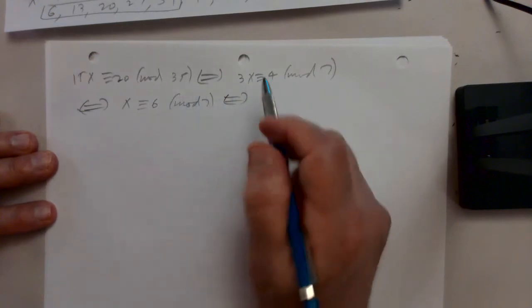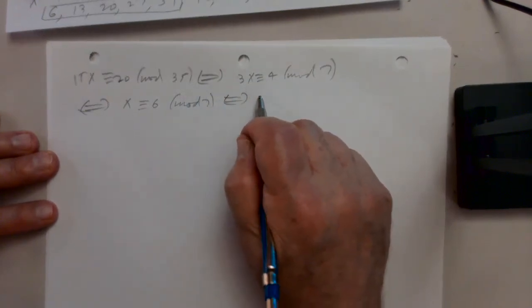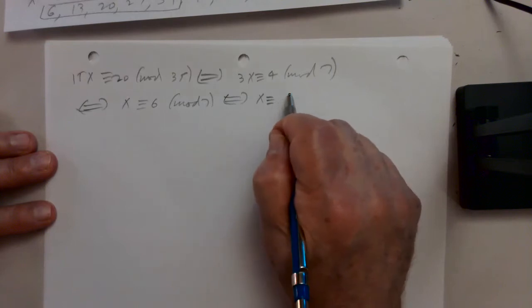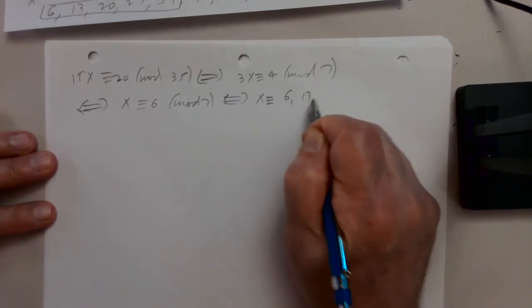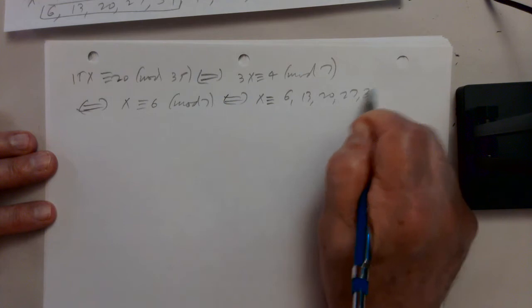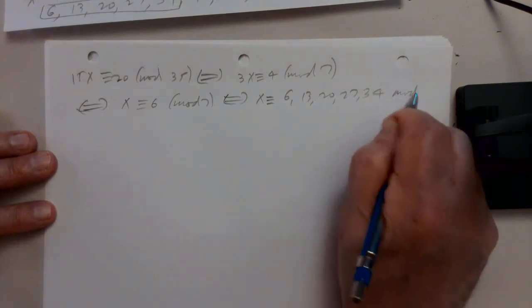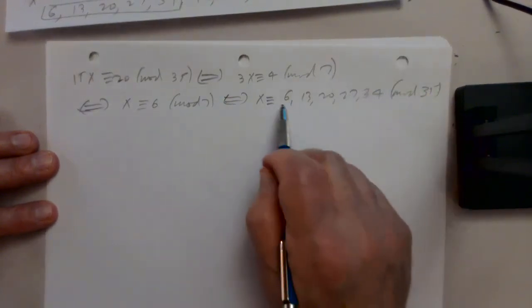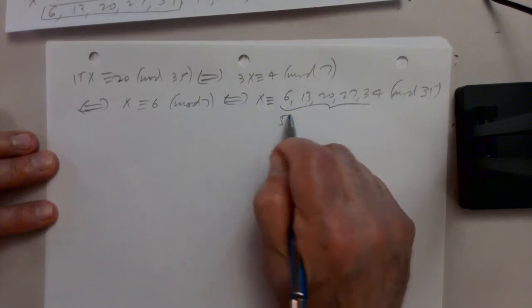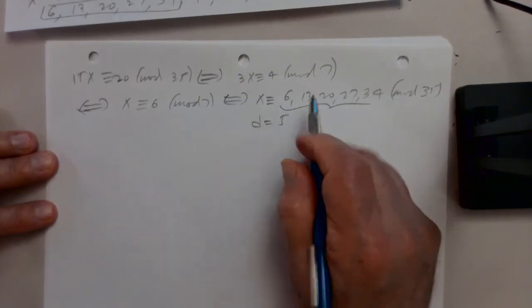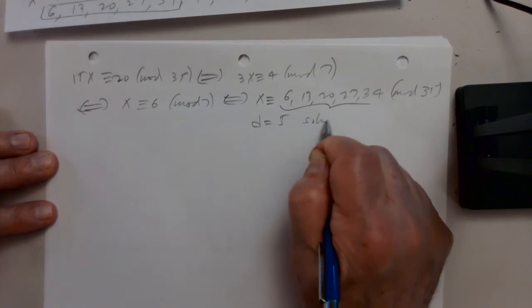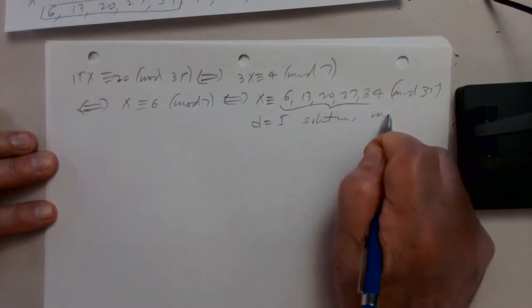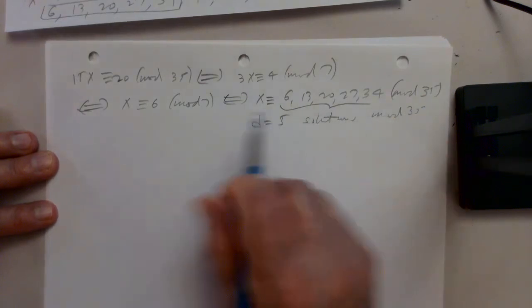We're looking for solutions mod 35, so if and only if x is congruent to 6, 13, 20, 27, or 34 mod 35. So we have D equal to 5 solutions mod 35.